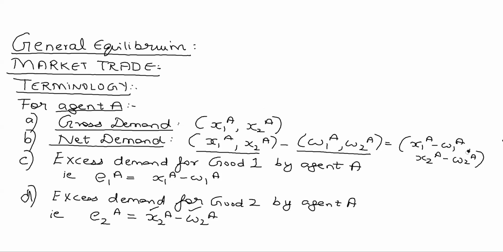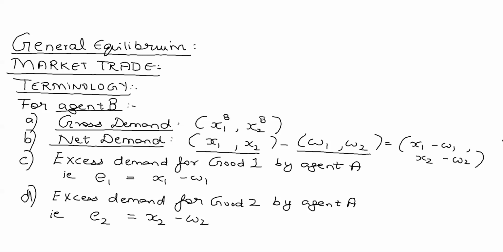Now we can do the same analysis for agent B. Let me erase the relevant portions. The only difference is that instead of A, I write B. Agent B's gross demand will be x1b, x2b.